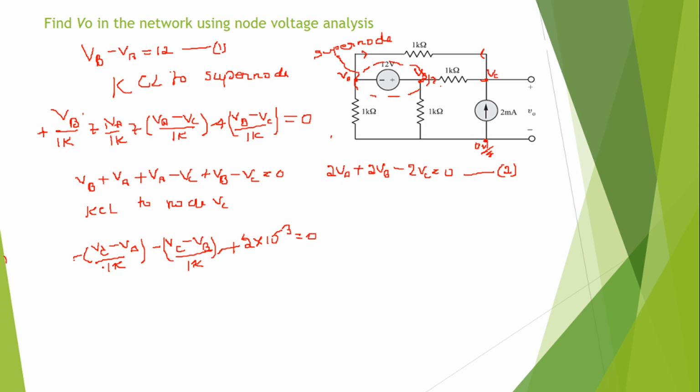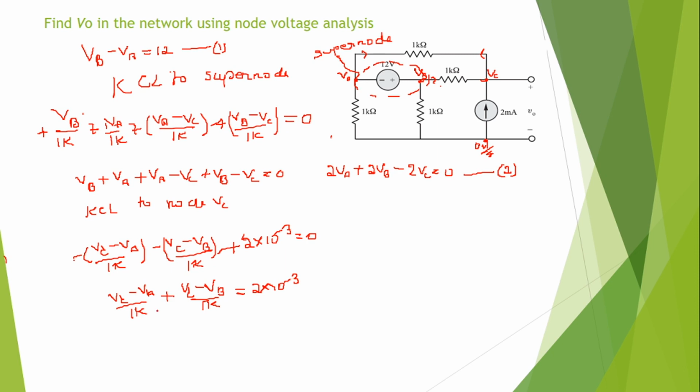Now this is the current through the passive elements. Taking the source to the other side of the equation, what will I get? VC minus VA by 1K plus VC minus VB divided by 1K equal to 2 into 10 to the power minus 3.